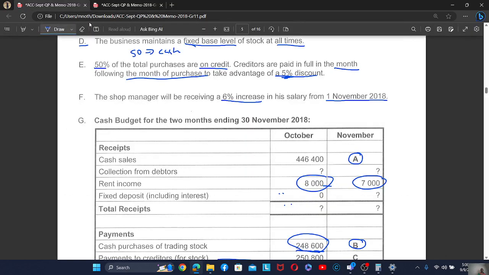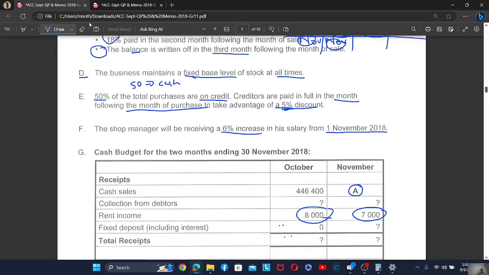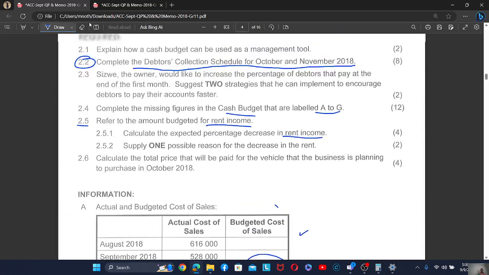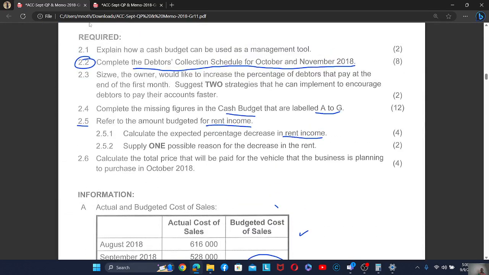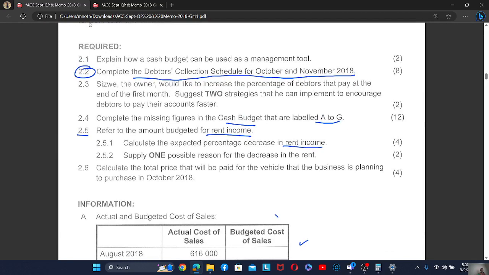And then from there, we no longer have the calculations. Oh, we do have here in 2.6.